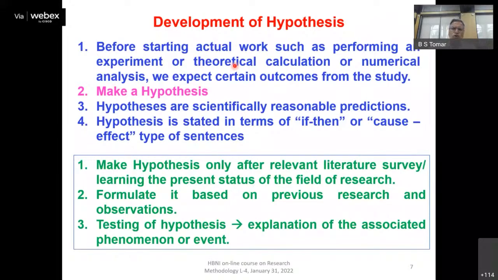Most often you will find that we state the hypothesis in terms of "if we do this, then that can happen," like if-then, or a cause and effect, meaning because of this something can happen. For example, if we add A plus B, C will be formed. So A plus B react to give C. The different chemical reactions are developed based on, again, the hypothesis.